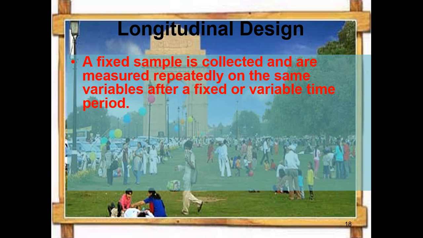Maybe an example we can take is that we want to see the consumption pattern of a group of individuals. So we identify a group of individuals, or a group of households, and then maybe after 2 months, then after 4 months, then after 8 months, then after a year, we keep on contacting them and collect similar type of information. Why do you do this?